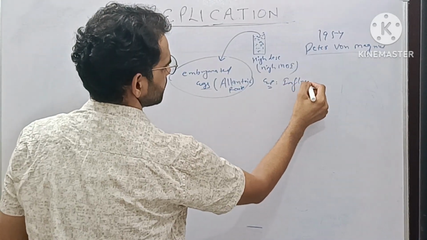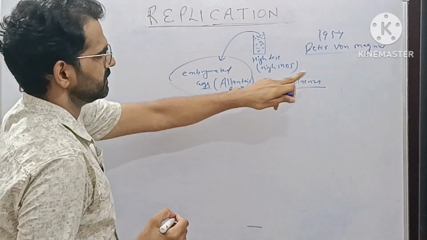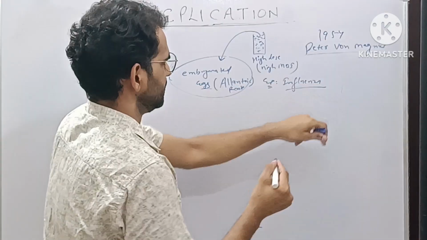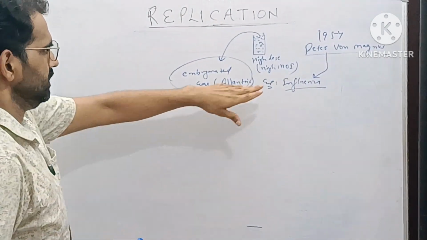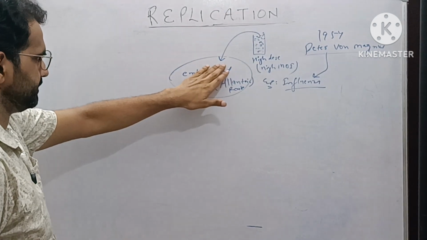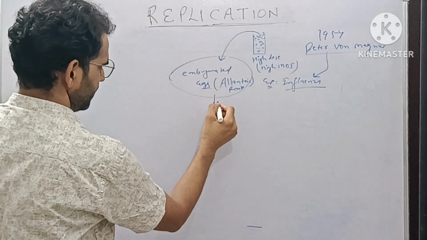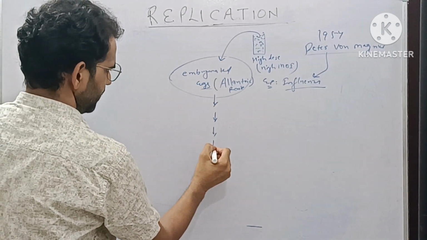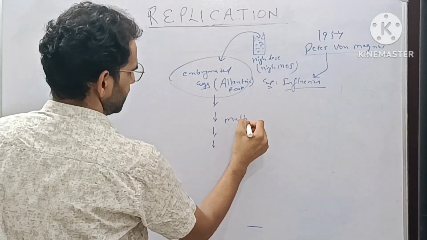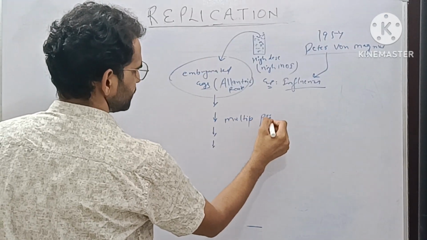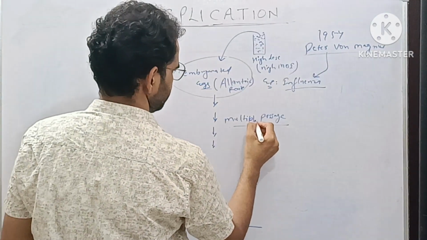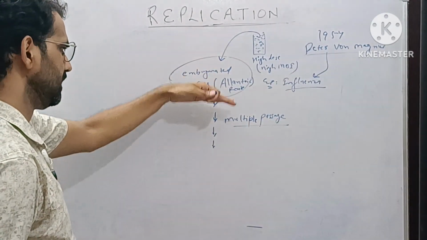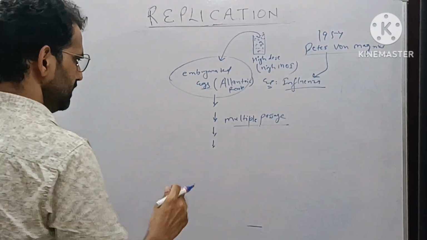Influenza virus. So von Magnus studied with influenza viruses. He took a high dose, and he performed multiple passages in the embryonated egg.